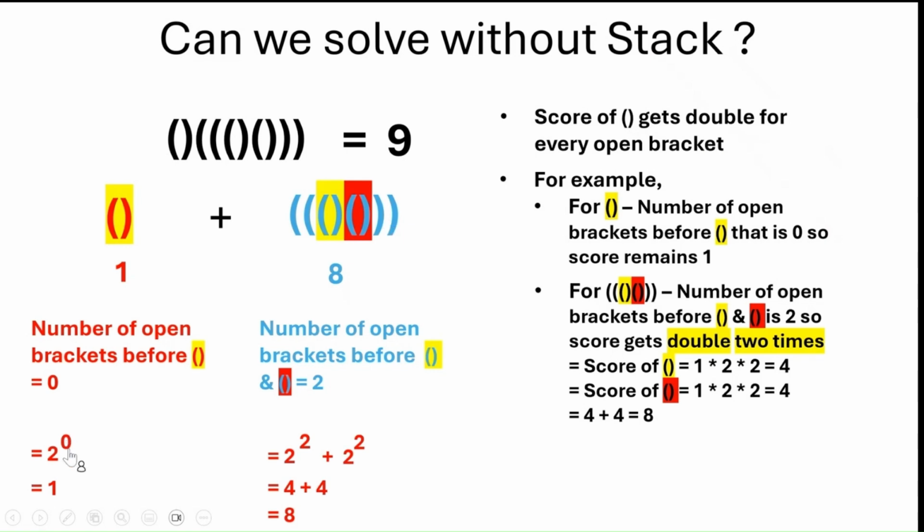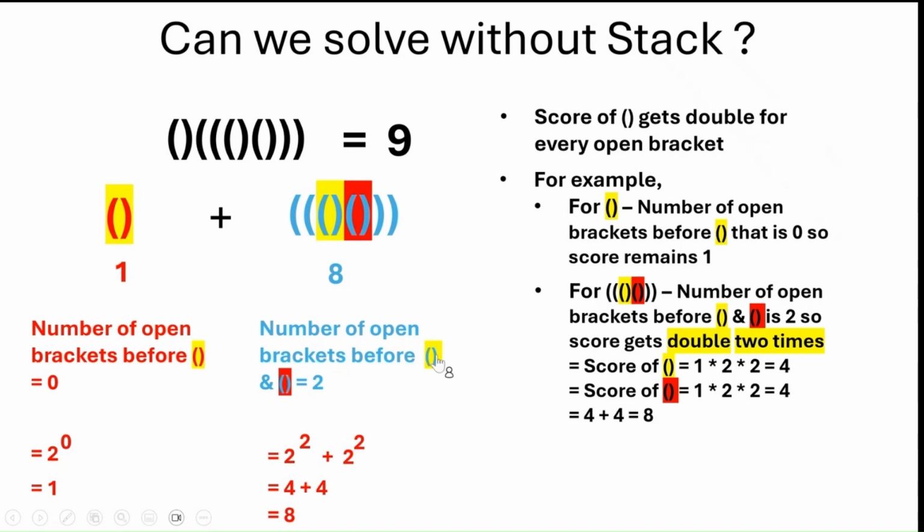So if you see, it comes down to a formula. So let's say the number of open brackets before this empty parenthesis is 0. So 2 raised to 0 is 1. So for this, we are getting the score 1 correctly. And here, the number of open brackets before each empty parenthesis is 2. So 2 raised to 2, because we are multiplying by 2 based on the number of open brackets before them, which is 2. 2 raised to 2 and 2 raised to 2.